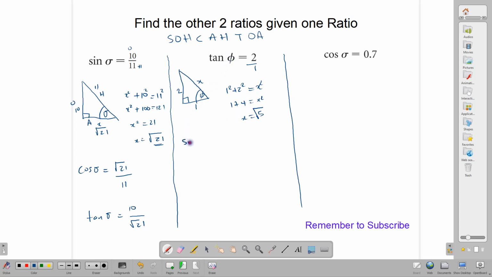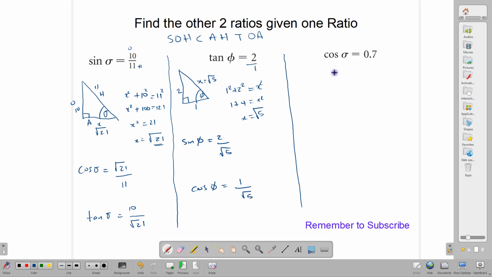So the sine of that angle is going to be equal to opposite over hypotenuse, which is 2 over square root of 5. This side is equal to the square root of 5. And the cosine of the angle is equal to the adjacent side divided by the hypotenuse, which is root 5.